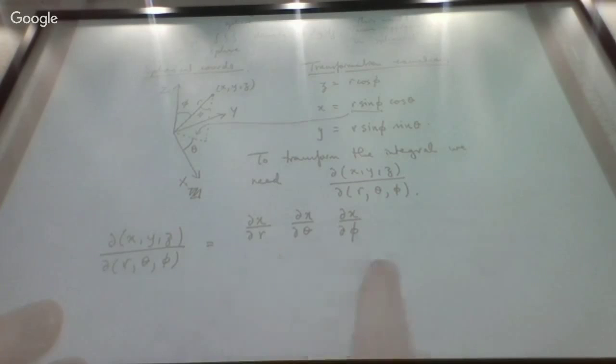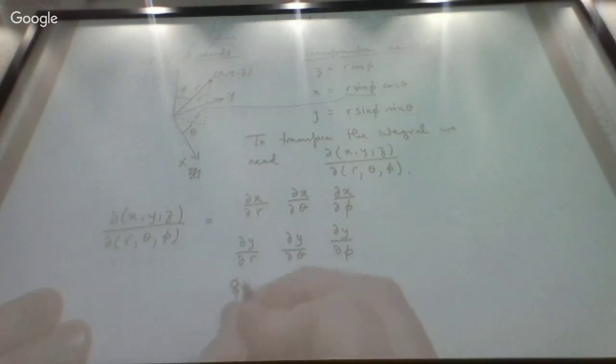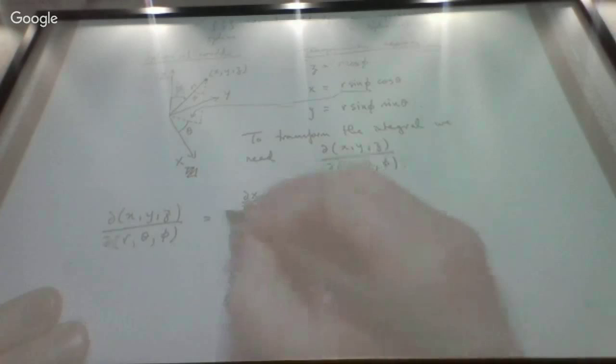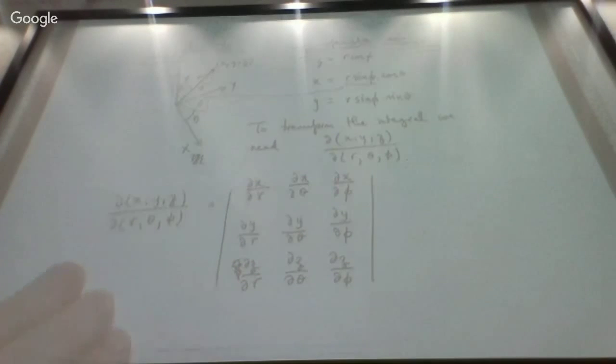So we've got a row with all x's, then the second row with all the y's, dy dr, dy d theta, dy d phi, and the third row is all the z's, dz dr, dz d theta, dz d phi. And it's the Jacobian determinant. So we're taking the determinant of this matrix.